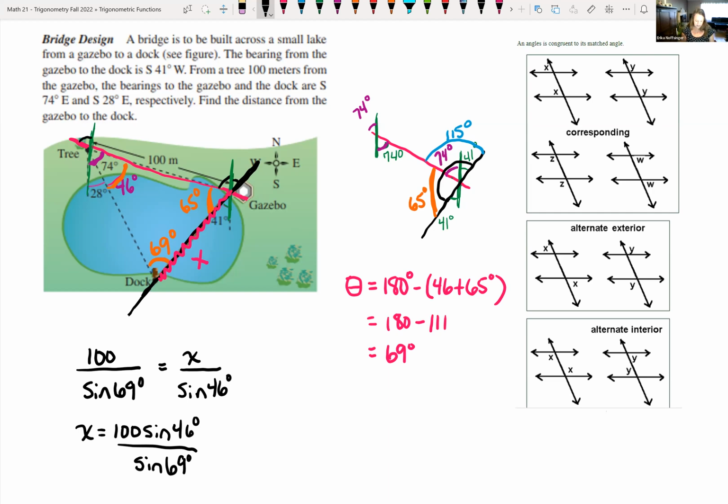So 100 times sine 46 divided by sine of 69. So that gives me approximately 77 meters. So that's the length of our bridge.